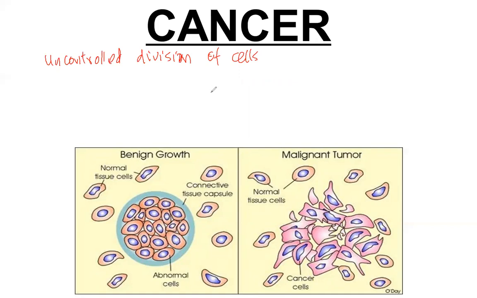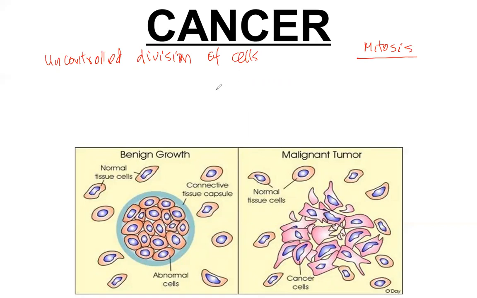Our cells have many regulatory mechanisms. What do the cells do? Mitosis. Mitosis is controlled cell division. Cancer is uncontrolled division. It's like mitosis but uncontrolled, right?